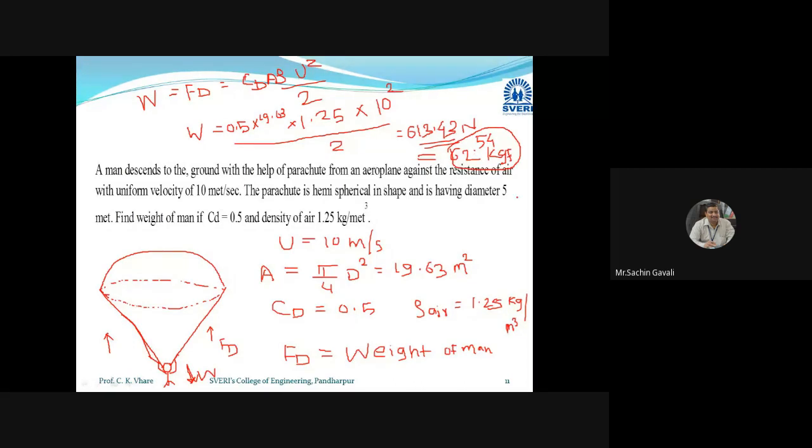Everybody understood this? With this, I conclude that unit number 5, dimensional analysis, is over.